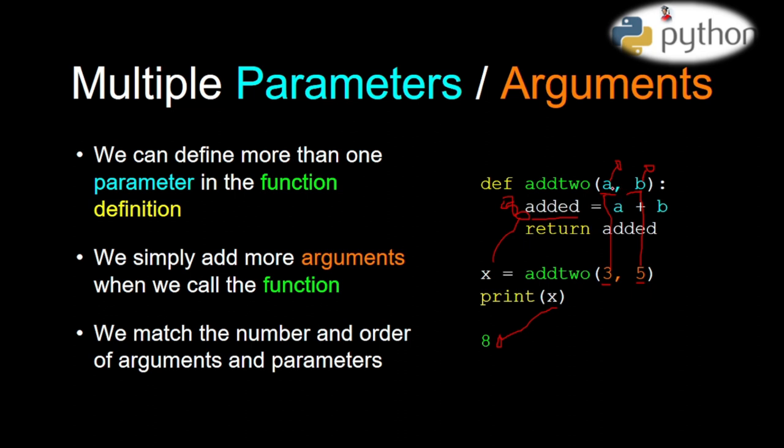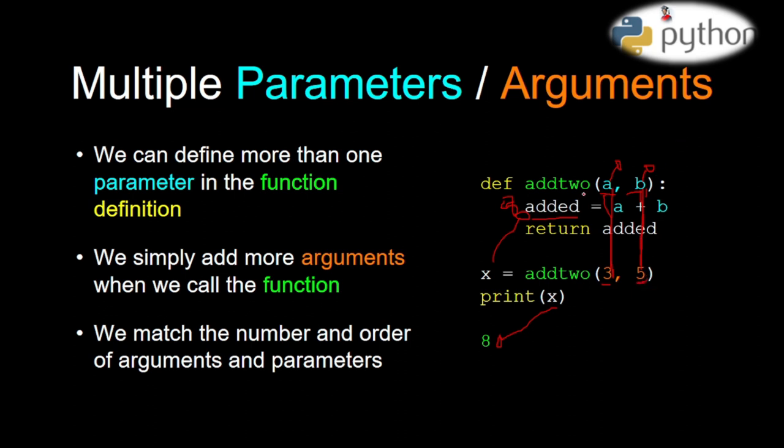That means the data type of this variable and this value should be the same and compatible. Also the number of parameters here and the number of arguments here should be equal.